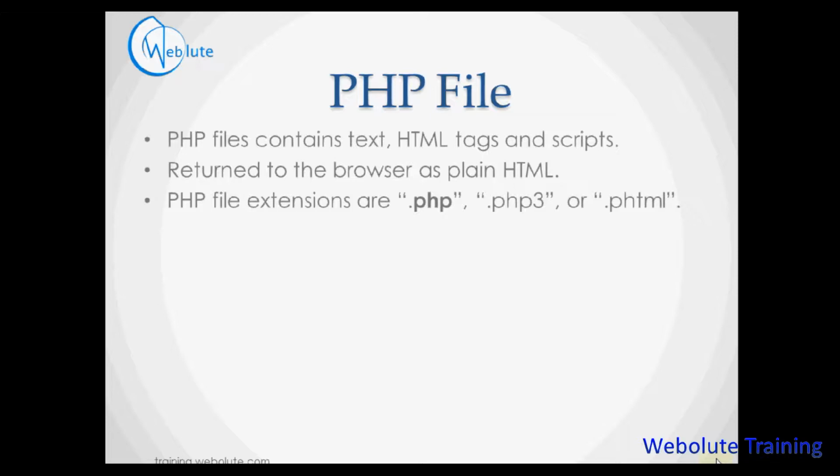Script means you can use JavaScript or PHP script, and text means you can just type simple text and that will be rendered on the web page as it is. So this is returned to the browser as plain HTML. There is no way one can know that this is the PHP language, because everything is processed on the server side and the output returned to the browser will be plain HTML.